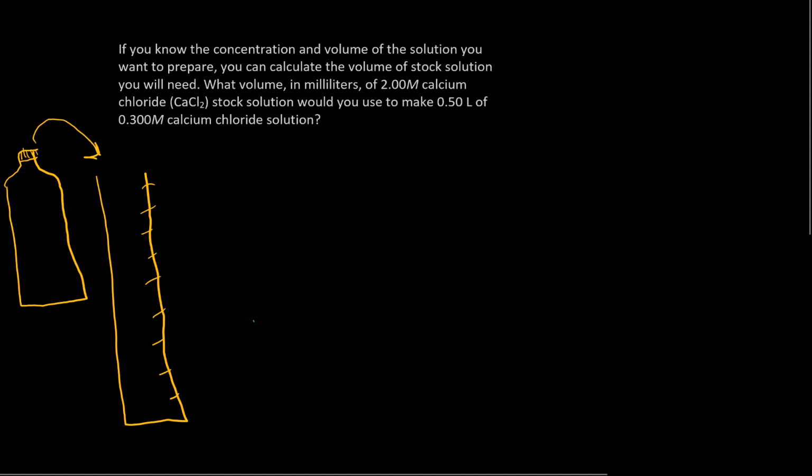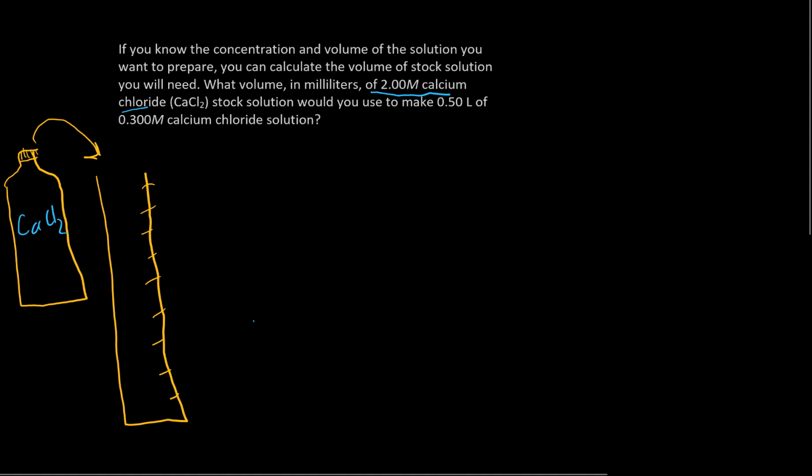What volume in milliliters of 2.0 molar calcium chloride stock solution would you use to make 0.50 liters of 0.300 molar calcium chloride solution? So here's how this works. Our stock solution is going to be 2.00 molar calcium chloride, CaCl2. I'm just going to write this on here so we're really clear.